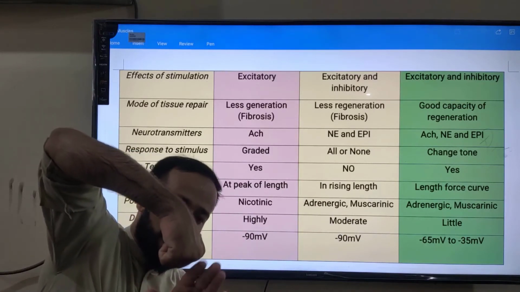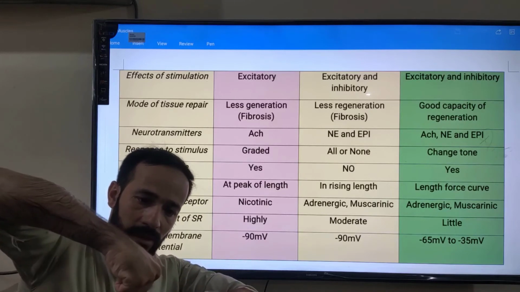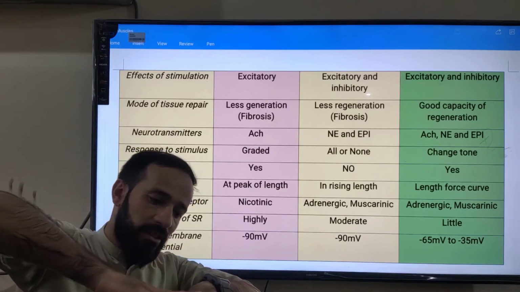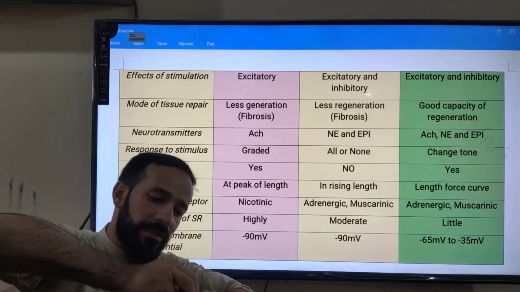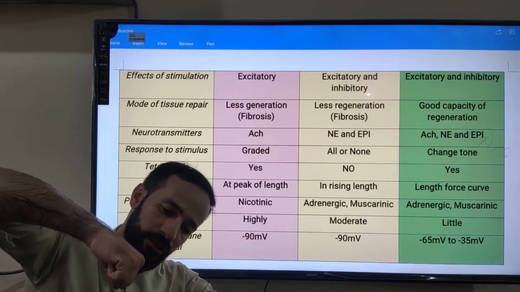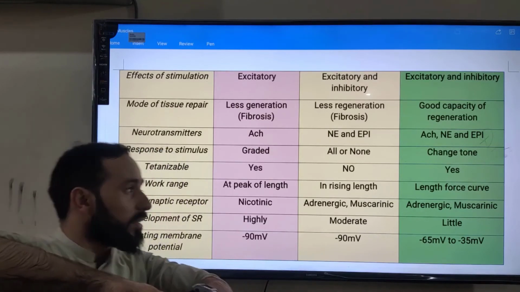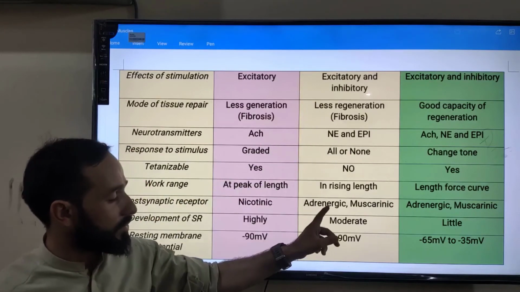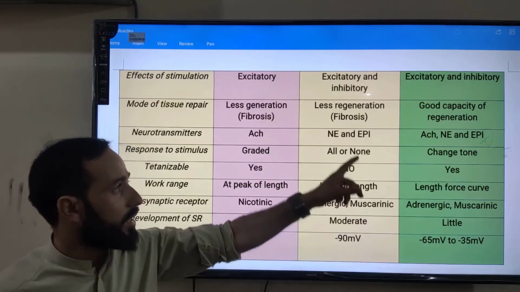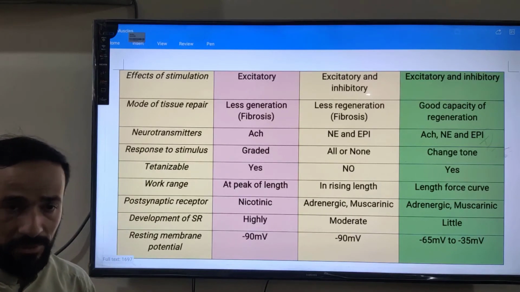For example, this is the nerve and this is the muscle, and this is the synaptic cleft. Right? This is presynaptic membrane, this is postsynaptic membrane. So on this postsynaptic membrane, which receptor is there for this neurotransmitter released by this nerve? In skeletal muscles, nicotinic receptor; in cardiac muscles, adrenergic and muscarinic; and in smooth muscles, adrenergic and muscarinic receptors are present.